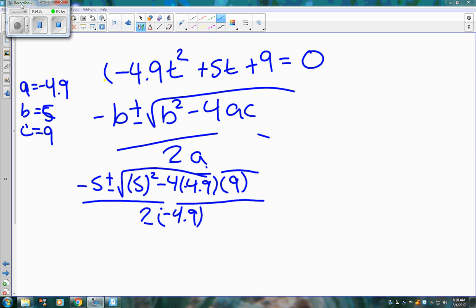What's that number? Negative 4.9, 1.7 squared. Oh, so you plugged in this one. No, when I did the project, I got that.